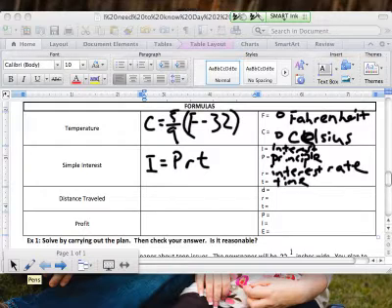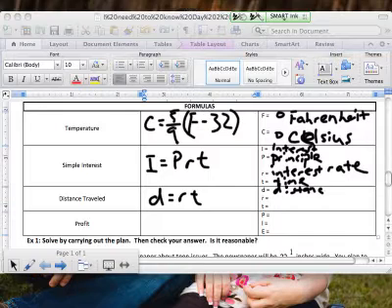Okay. As we look at distance traveled, again, these are all right in your book, so you could look at this. It's D equals RT. D is distance. Okay. R is rate. And T is time. Okay. Again, I apologize for my poor handwriting.